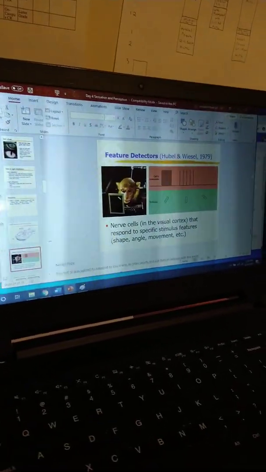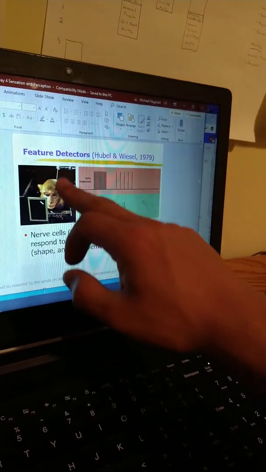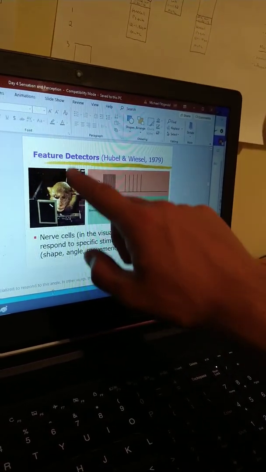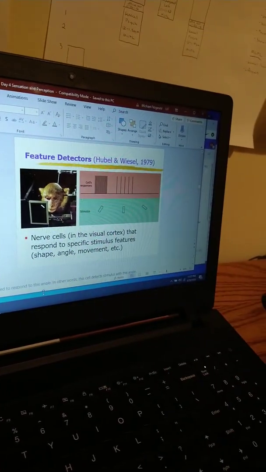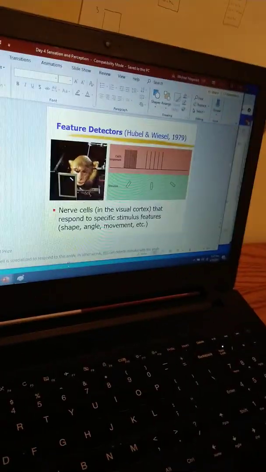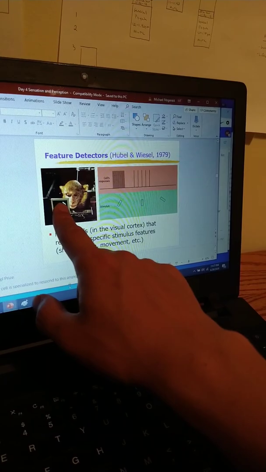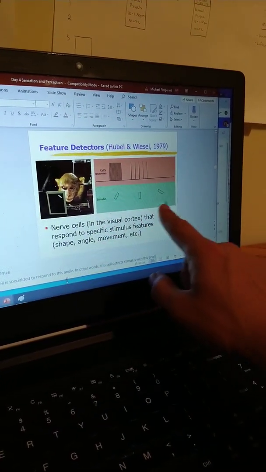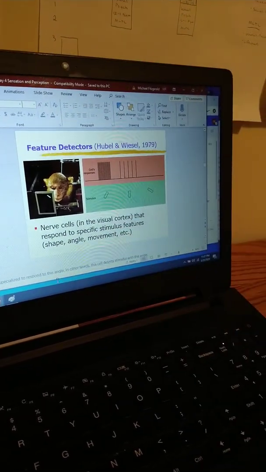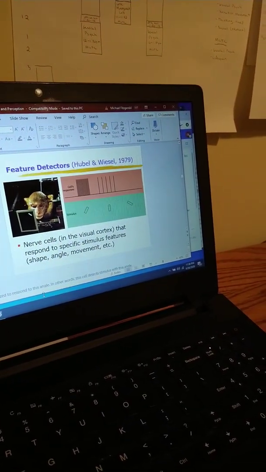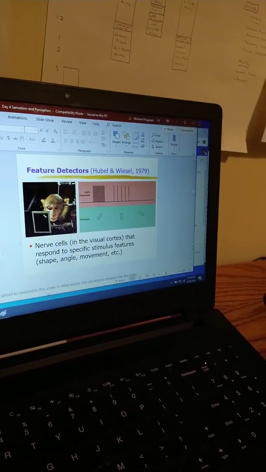Feature detectors. This is kind of cool. So this monkey here has a recording electrode implanted into the back of his brain, into his occipital lobe, and basically what is happening is he's looking at this bar and it's changing its orientation angle, and this shows the activity of a specific cell in his occipital lobe in response to the visual stimulus.